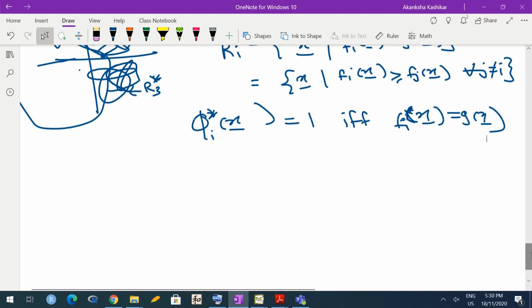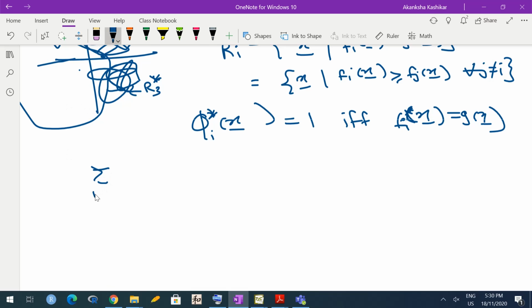Now let us consider the thing that we want to maximize, that is, we want to maximize the correct classification probability, right? So let us consider the sum of probabilities of correct classifications.